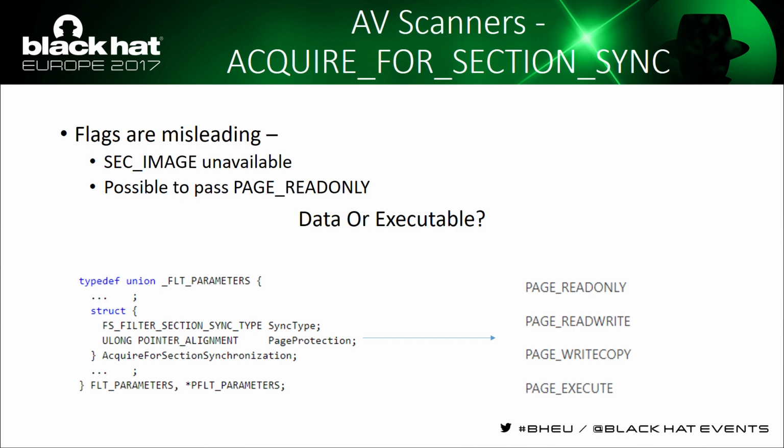You can still map the executable with execute permission, but the callback routine will not receive the correct page protection. It will get the page protection that was passed from user space and not the actual page protection that will be used on the pages in memory. So AV vendors should be careful about examining this parameter to decide whether to scan files or not.